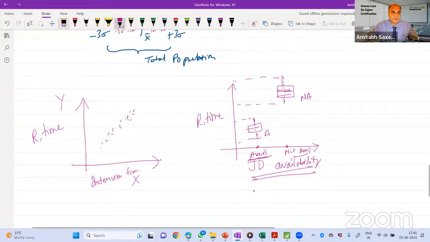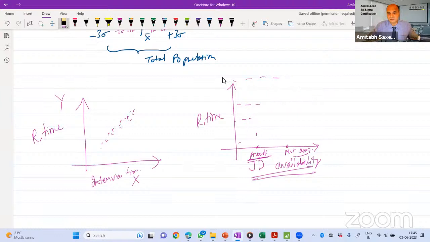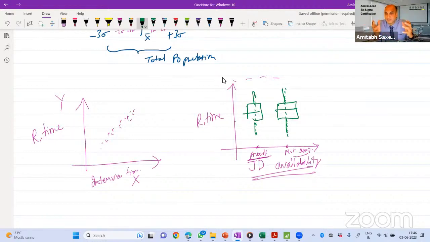But now, let me give another possibility. If the job description available and not available boxes were something like this, in both the cases my overall variation in the process is almost the same.